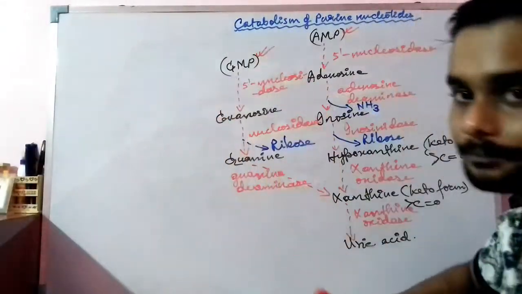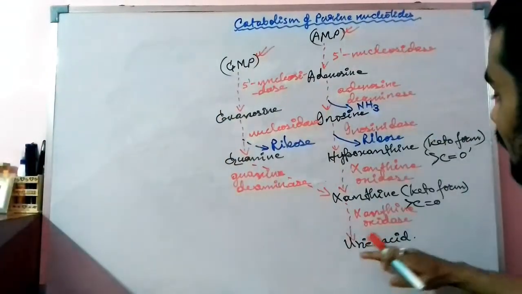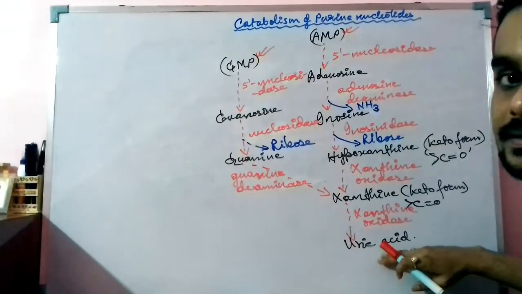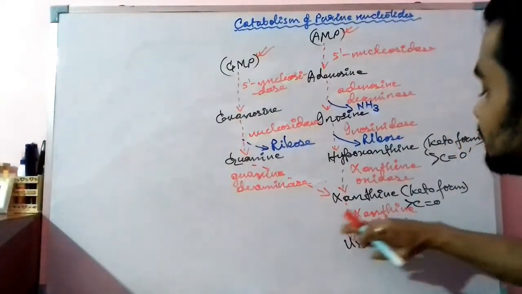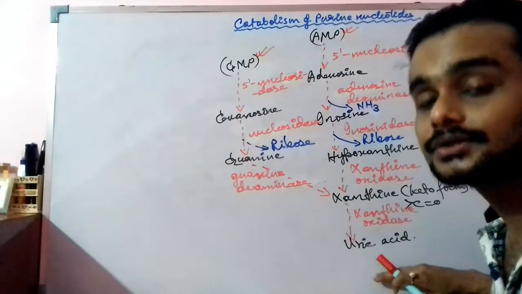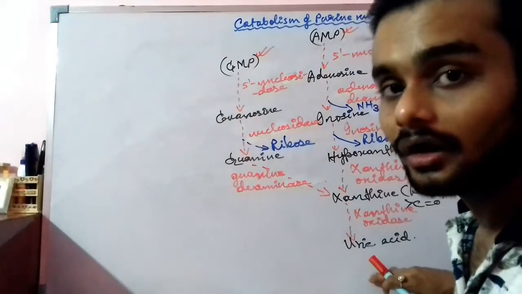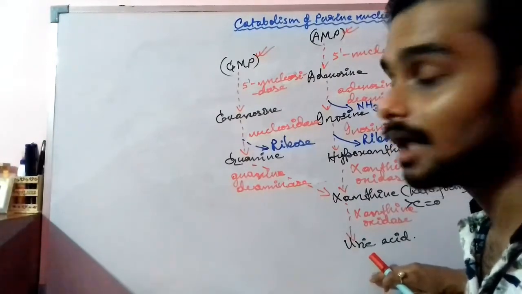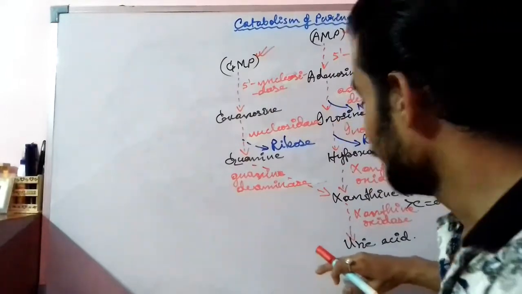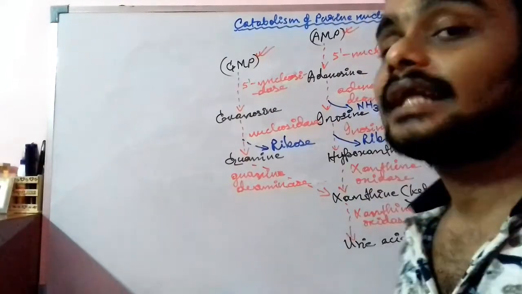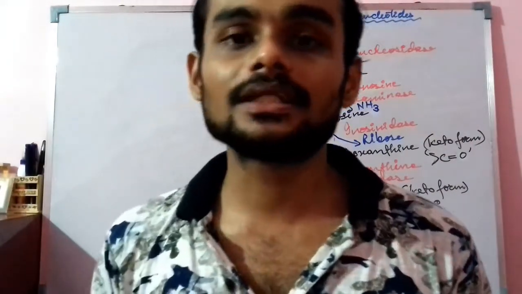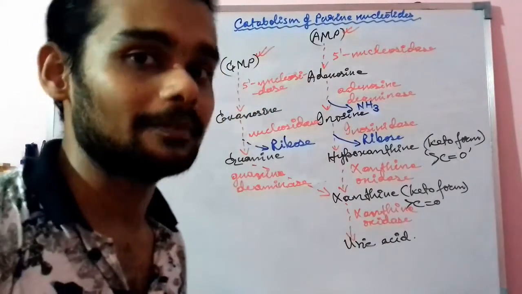So this is how the AMP and the GMP, both of these molecules, are ultimately converted to uric acid, and this uric acid is ejected out of the body through sweat or via urine. So you can see that in the catabolism of the purine and pyrimidine nucleotides, why does this pathway happen anyway?